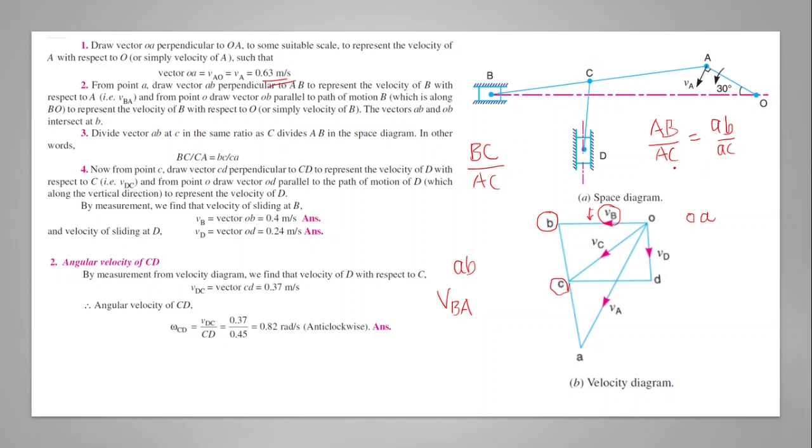Either AB by AC is equal to small ab by ac, or BC by CA is equal to small bc by ca, or BC by AC equal to small bc by ac. We can take this also. Any ratio we can select to locate this point c.